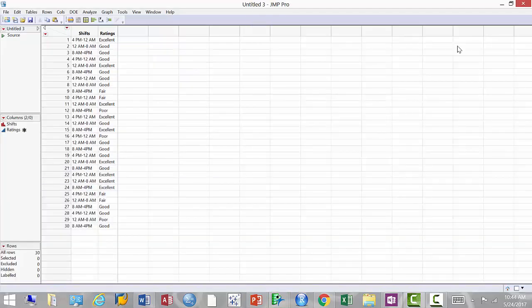All right. Now, here is what I'm going to do. I'm going to use Fit Y by X, the same tool as before, when I used the t-test for independently collected samples, and when I used the Wilcoxon test for independently collected samples of ordinal or interval non-normal data. So same thing.